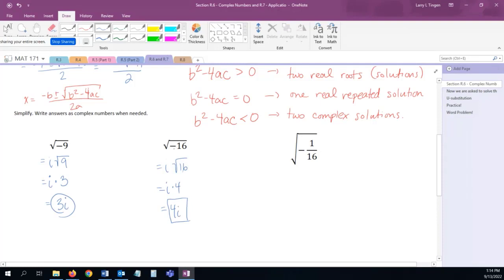The new part of this is the negative under the root. Okay, well, if this is a negative number, I'm taking the square root of it, I can just pop it out. Pop out that negative is the square root of negative 1, which is i. And now this is an old problem, right? Anytime we can make it look like something we have done in the past, that's great.